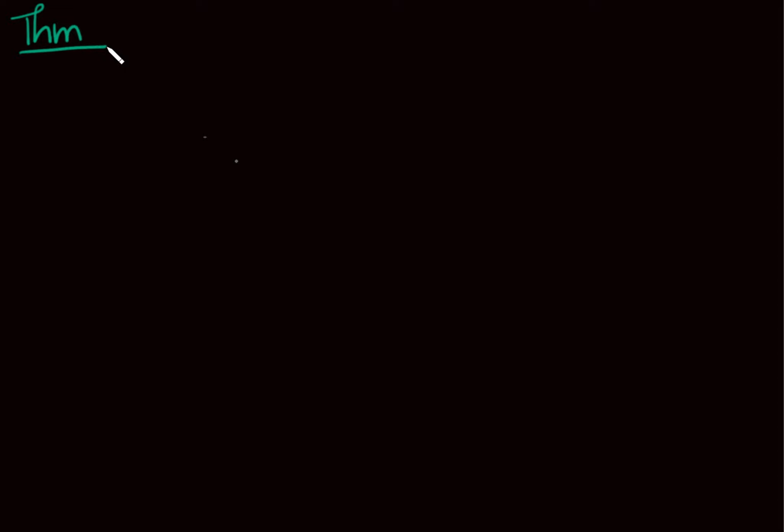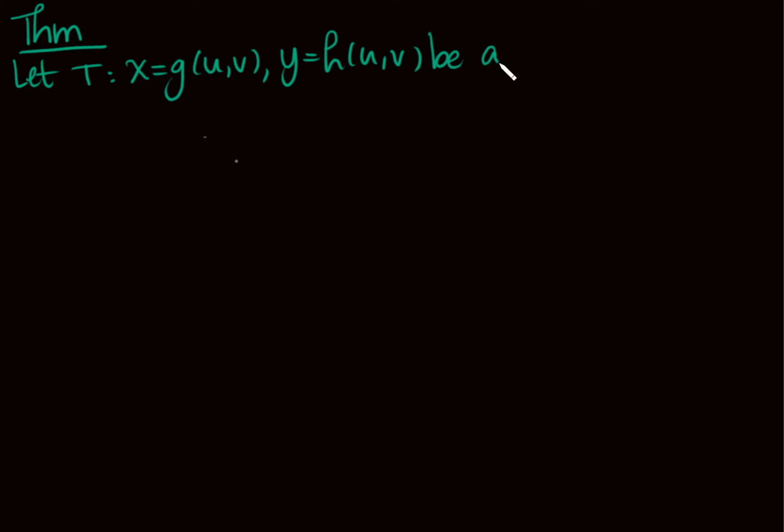Okay, so here's my theorem. So let's set this up well. Let's let T, which again is x equals g of uv, y equals h of uv, be a transformation. So it's just a mapping. That's all you want to think of.